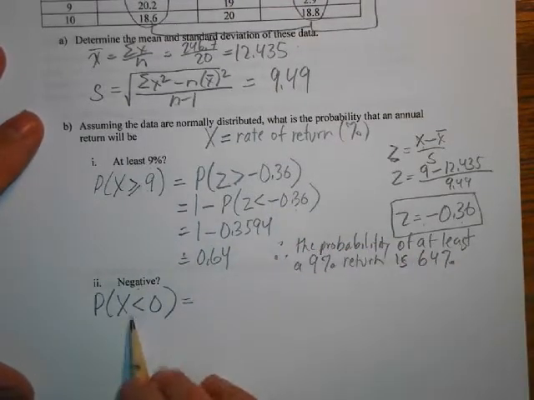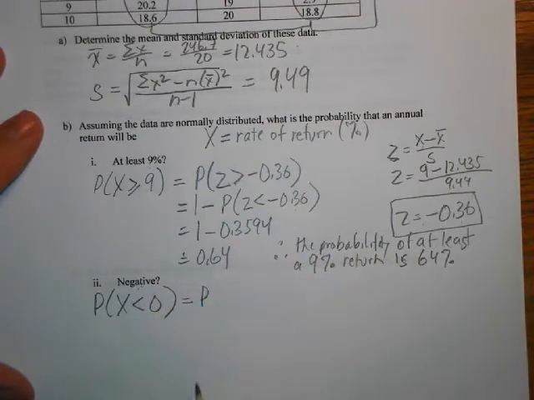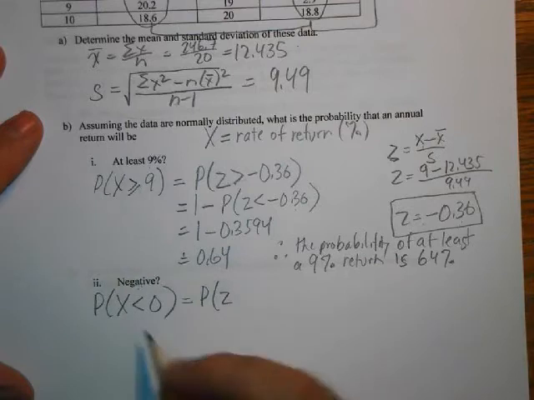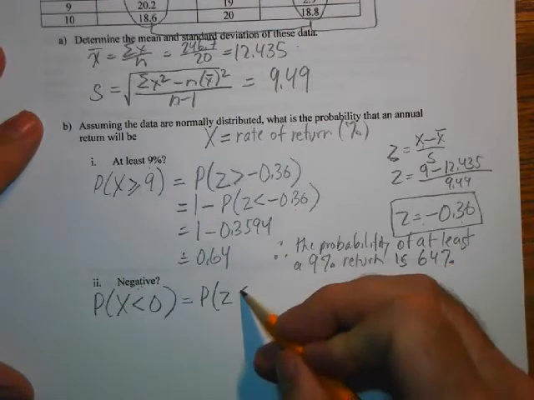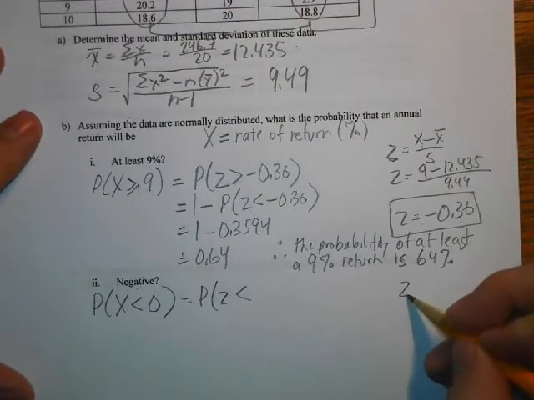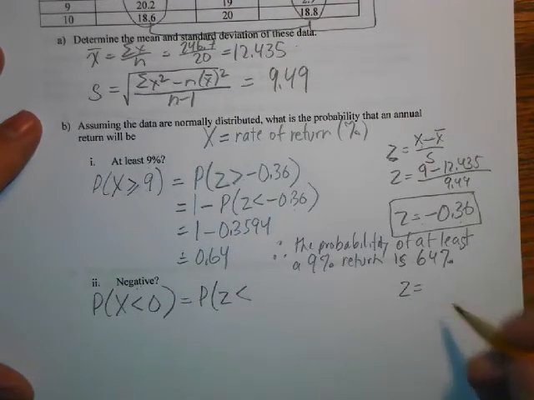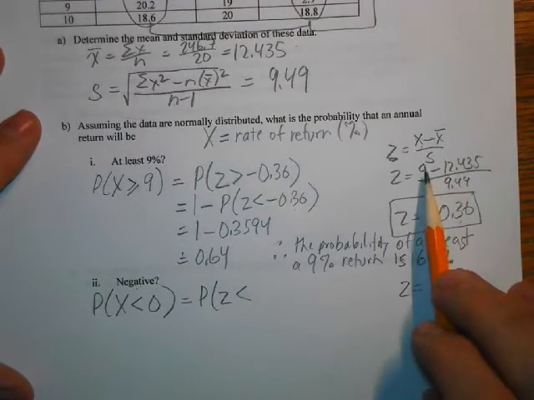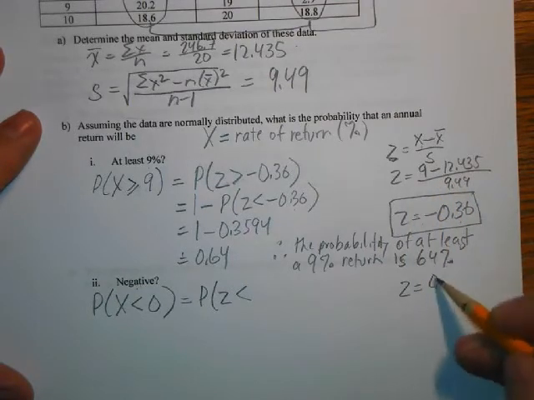We want to change that probability from looking at the random variable x to looking at a z-score. So I'm going to change the x to a z, keep the sign the same, and then we're going to go over here and we're going to calculate the z-score for an x value of 0. So the only thing that's different from this formula is I replace the 9 with a 0 on the top. Everything else is the same.